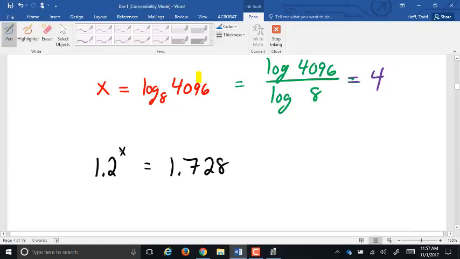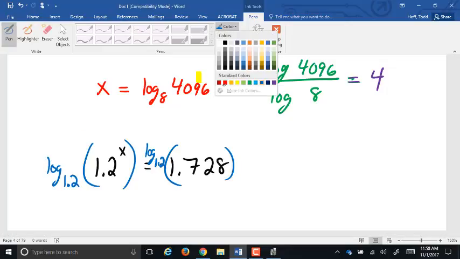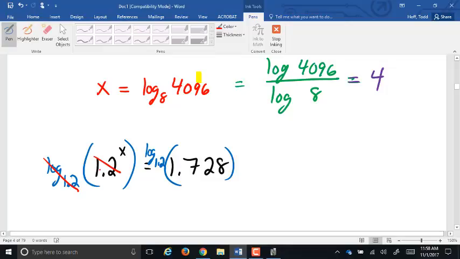So we're going to have to do a log or a root. Which one? It's going to be a log because the variable is in the power. And a log of what base? What's the base of our log going to be? 1.2, very good. So the log base 1.2 and the 1.2 in the base of our exponent cancel out. So now we've got to do log base 1.2 of 1.728.